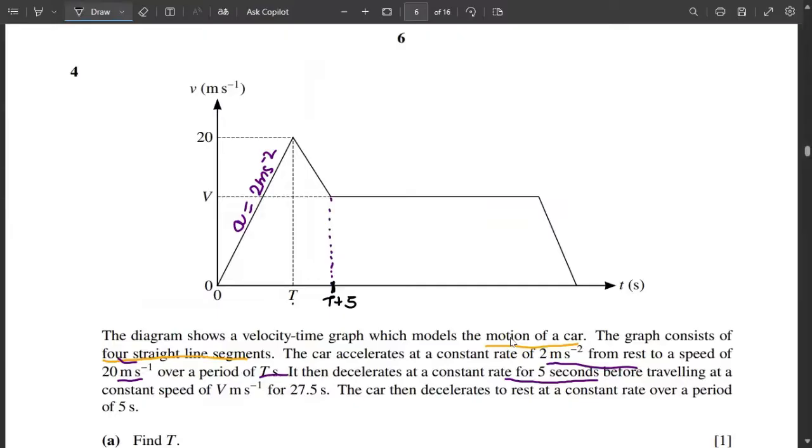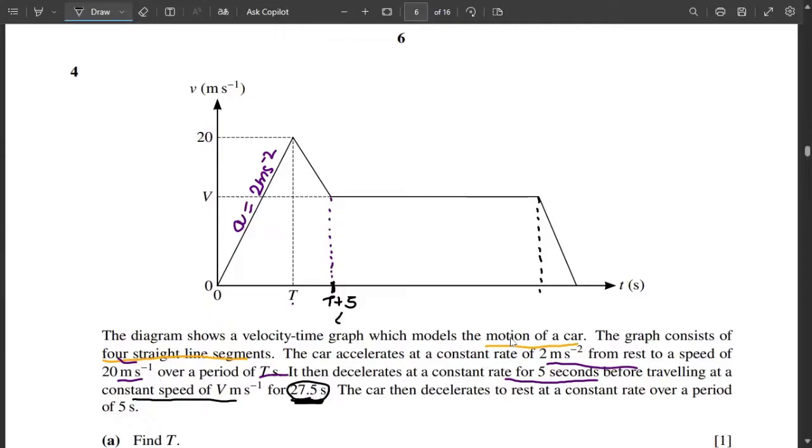Now we are done with this. Before traveling at a constant speed of v for 27.5 seconds. So first the car accelerates at 2 meter per second squared, then it decelerates for 5 seconds, and then it travels at a constant speed v for how many seconds? 27.5. The car is traveling at a constant speed for 27.5 seconds.